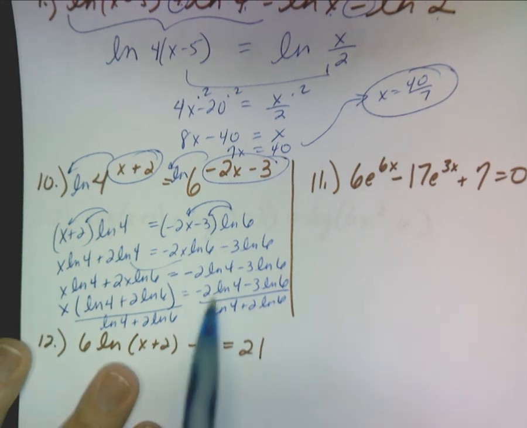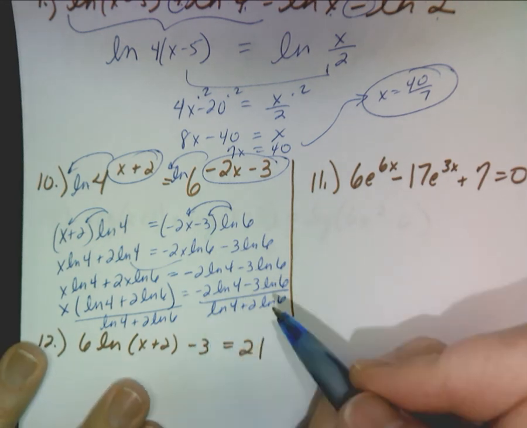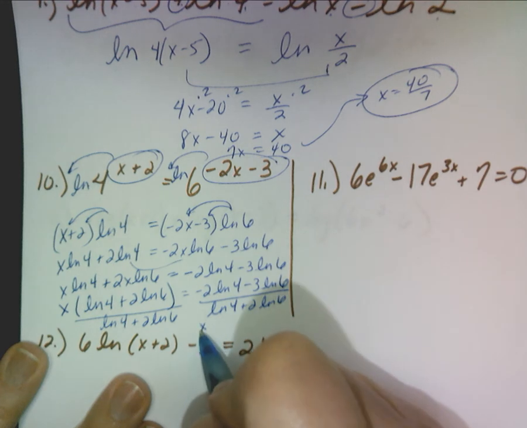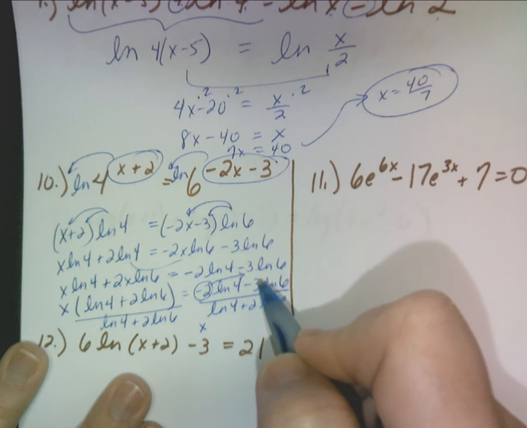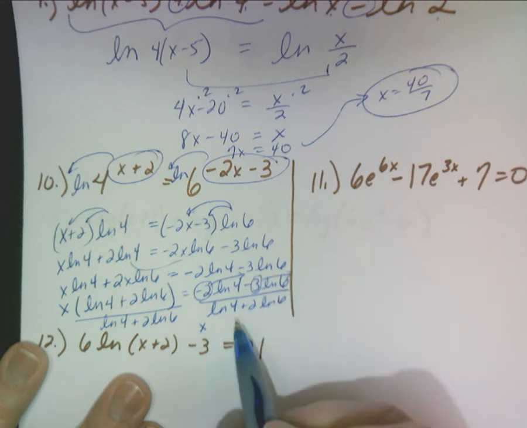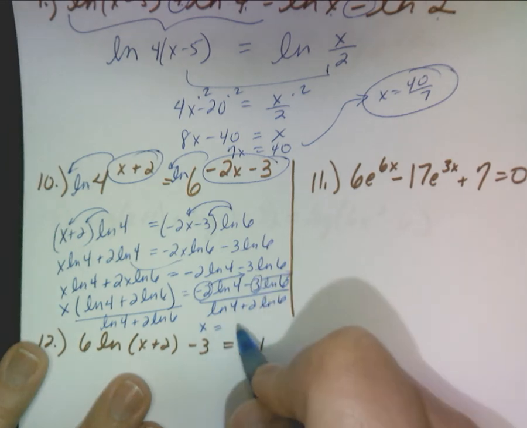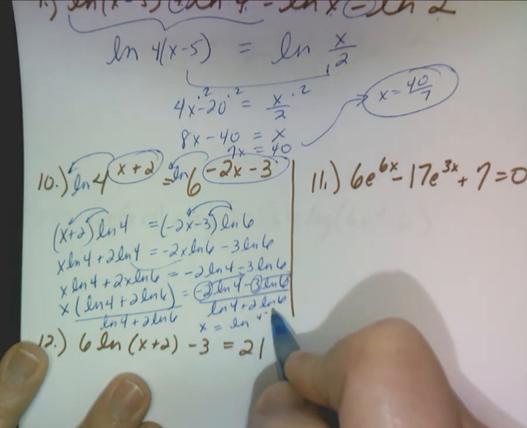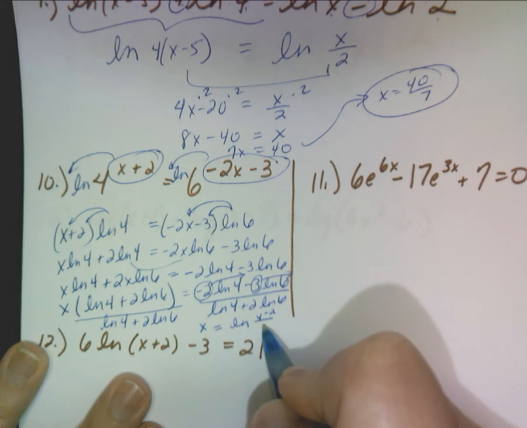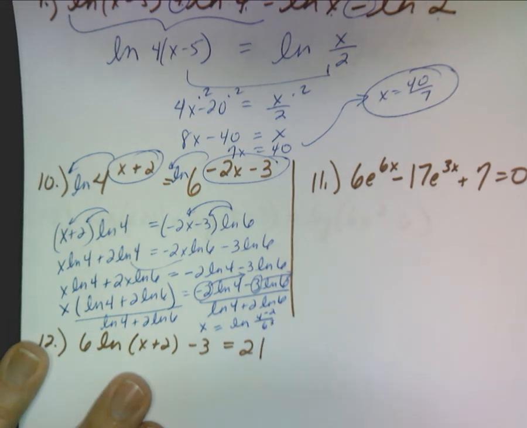But what you would do to simplify this is, let's see if I can squeeze it in. This 2 becomes the power of 4, and this 3 becomes the power of 6. So the top would be read as ln of 4 to the negative 2 divided by 6 cubed. That's the top.